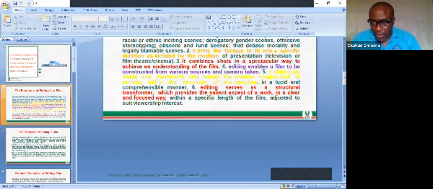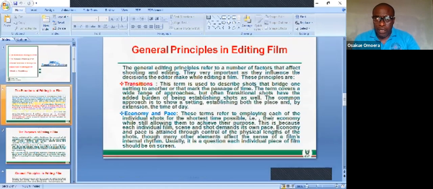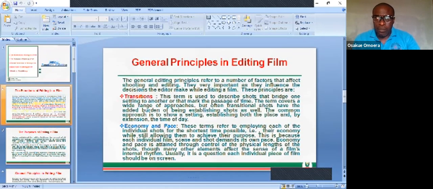Okay. So let's move on to the purposes of editing a film. We've established that editing a film has a number of functions, and we've established some of them.